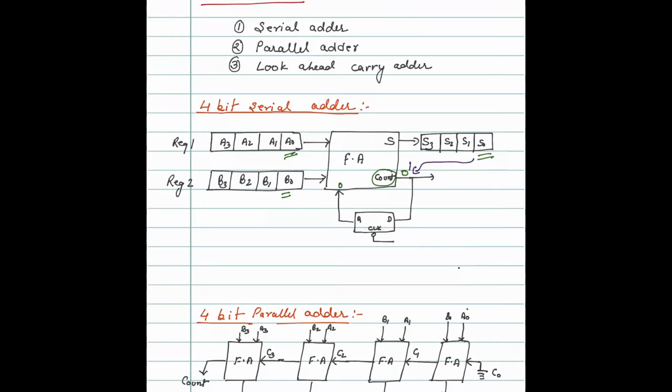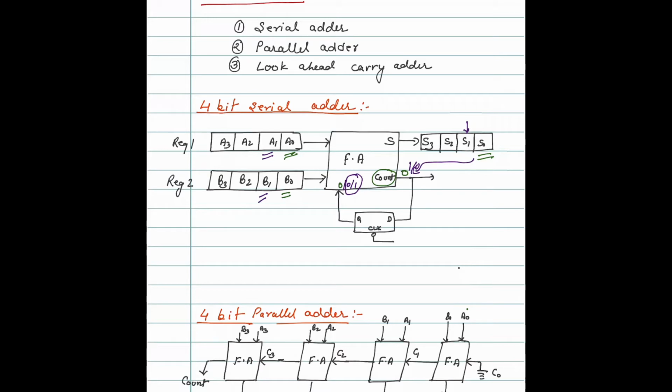This carry produced here, in the second time, is 0 or 1. Then A1 will be XORed with B1 and again with this carry, and it will be forwarded to S1. Similarly, this process takes place, and so we get the n-bit serial adder.